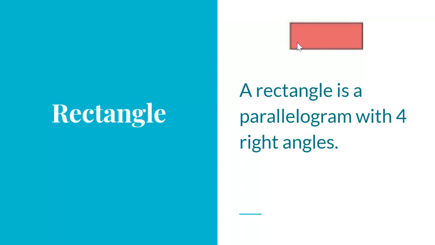So this is a right angle, and it has four of them. It's also a parallelogram because this side is parallel to this side, and this side is parallel to this side. This is also a rectangle, and this is also a rectangle because they are parallelograms with four right angles.